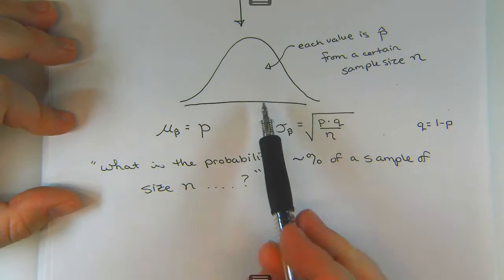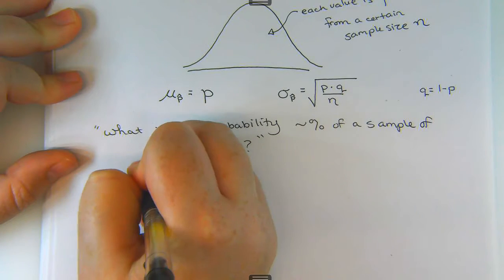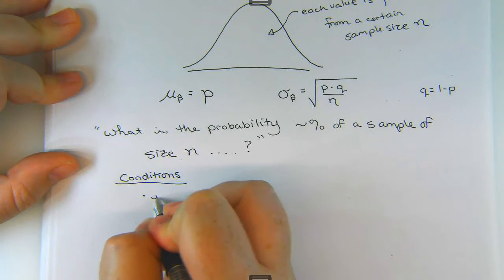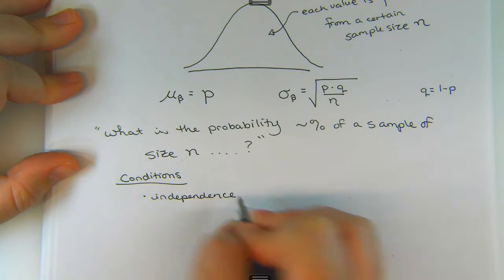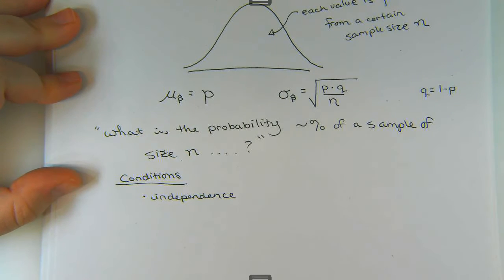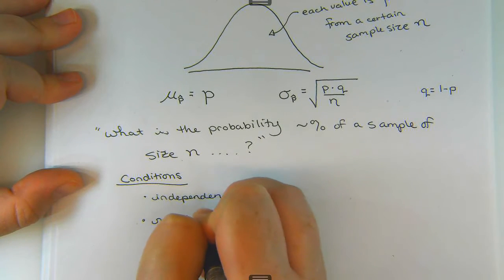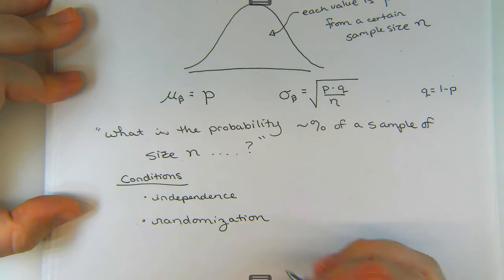Before we can use that bell-shaped curve, we need to check those conditions. As a reminder, we need independence, making sure each of the results are independent of each other, or you can use that 10% condition. Randomization: we should be taking random samples, and again, sometimes we have to assume that.